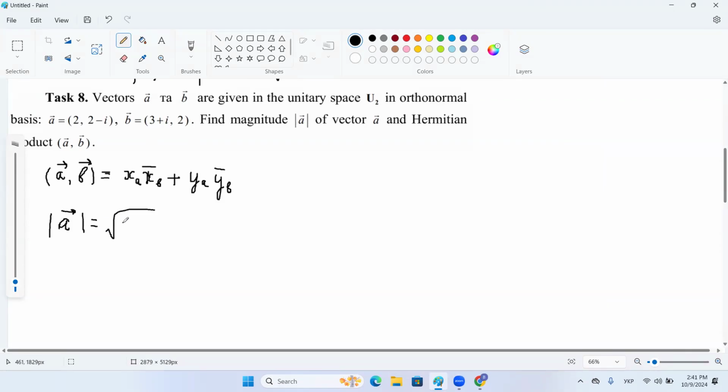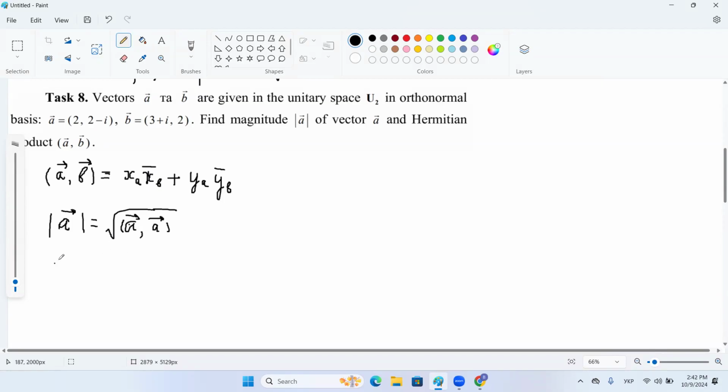Euclid space, actually the same definition, but we also need to remember the rule about the scalar product, Hermitian product.